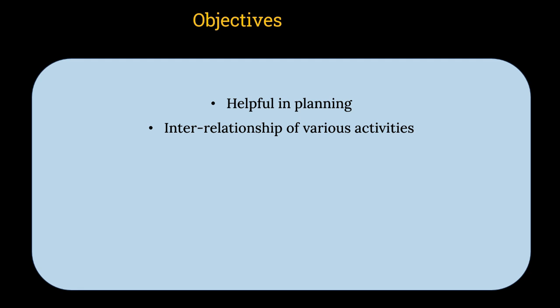Interrelationship of various activities, that is very, very important, like preparing the surface, then applying the primer, then applying the paint on that. So this is a relationship. I cannot start with the painting, then go for preparing the surface and finally applying primer on that. We need to know the sequence of the tasks.